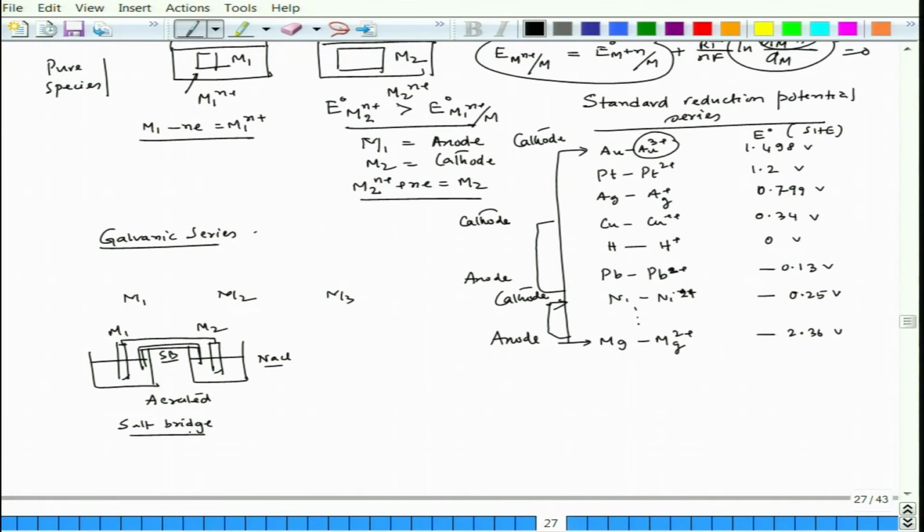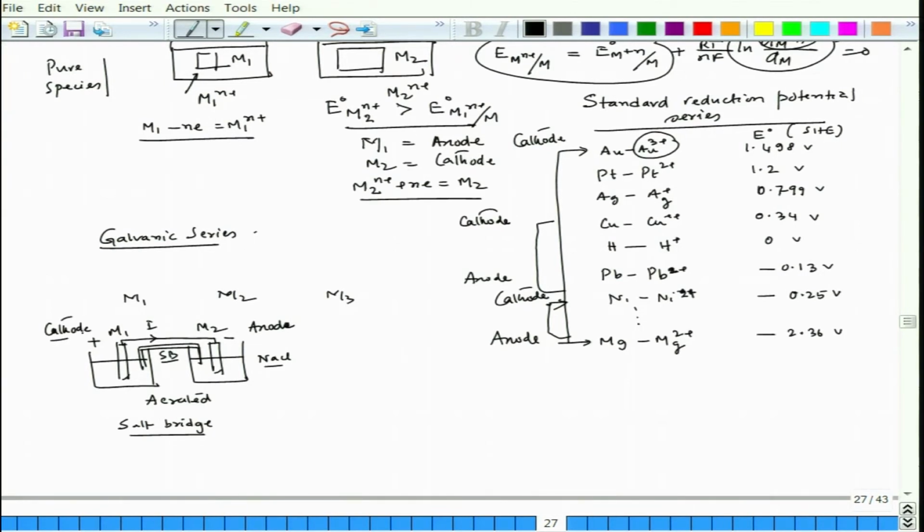Now, we have to just check which way current moves. If current moves from this end to this end, and we know that in galvanic connections current always moves from positive end to negative end, so this will be cathode and this would be anode.